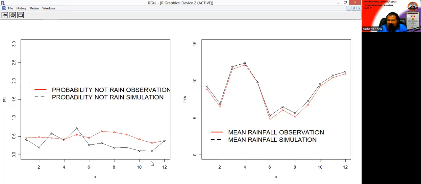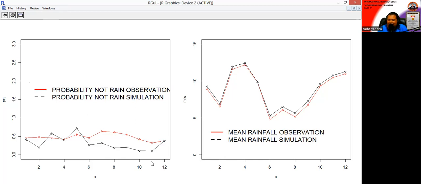But there is one chance to make the result better. Maybe we can use another probability distribution. We did not use gamma.